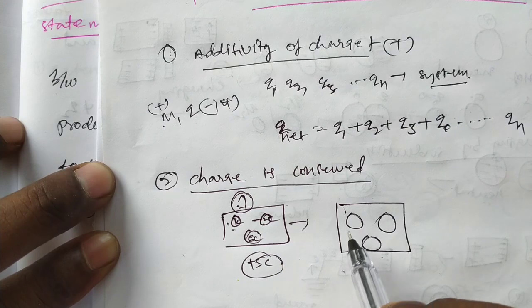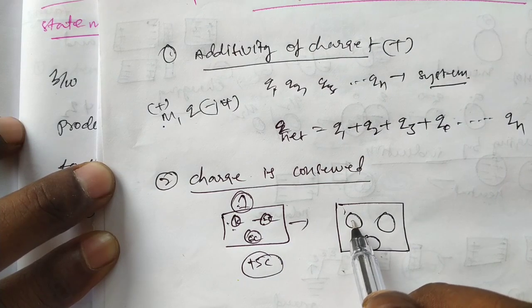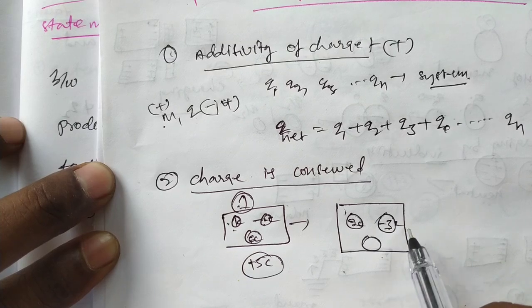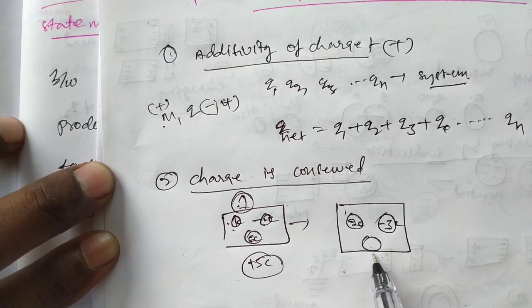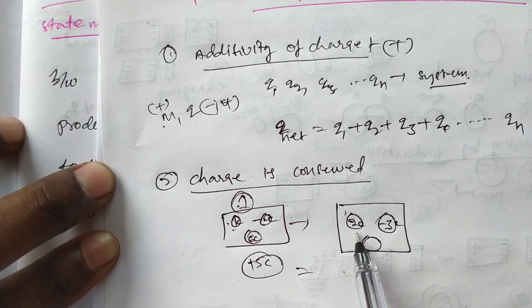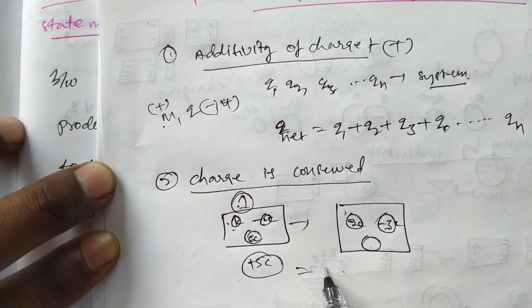Here there is 2 coulombs and minus 3 coulombs. What is the remaining charge? We get 5 equals 3 minus 1 plus x.